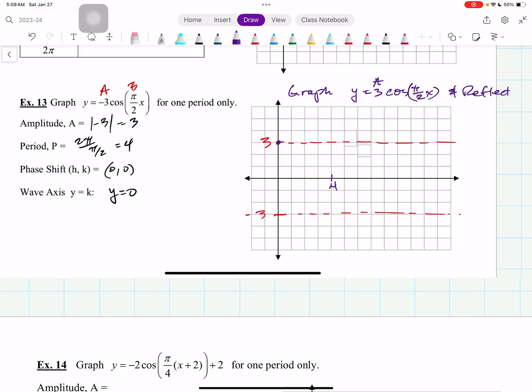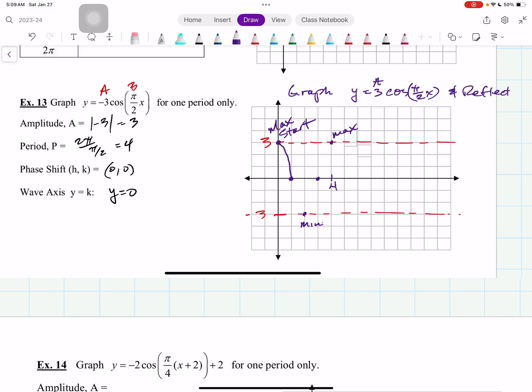So I start at 0, 3, up here. Then I go down to the wave axis, down to a minimum, back up to the wave axis, and then up here at a max. So cosine, as you guys know, starts off at a max and ends at a max. That's how the parent function works. If you go back to your notes, okay?